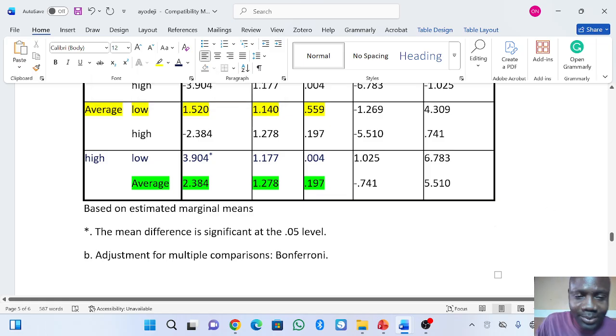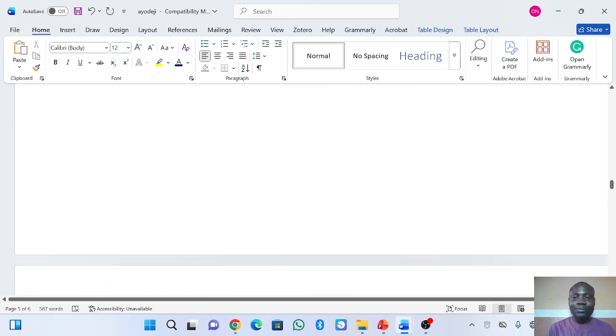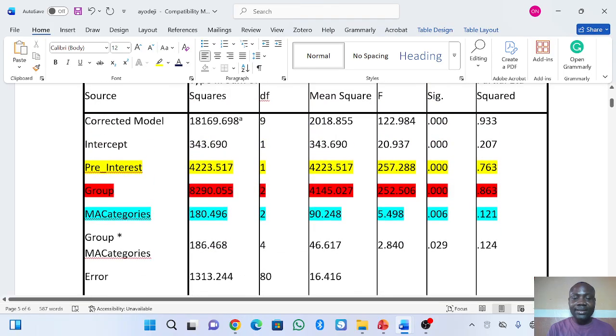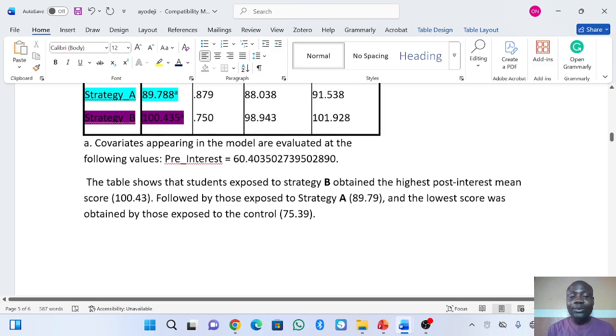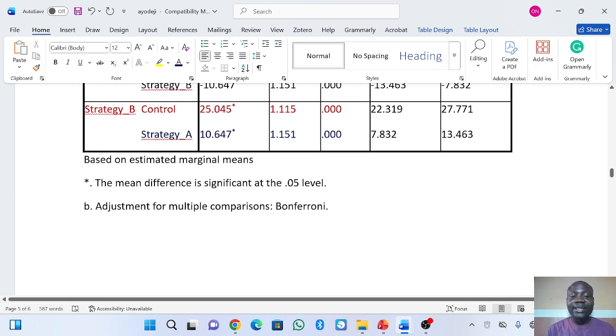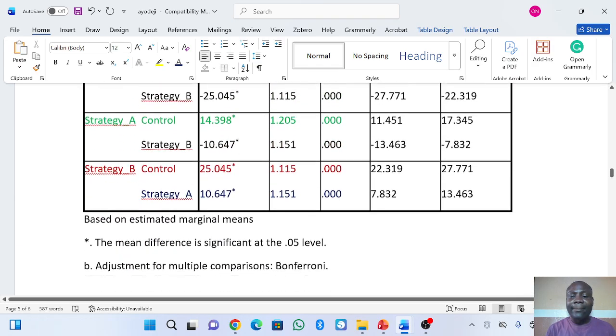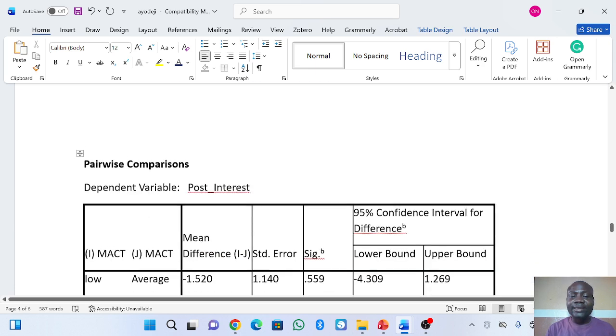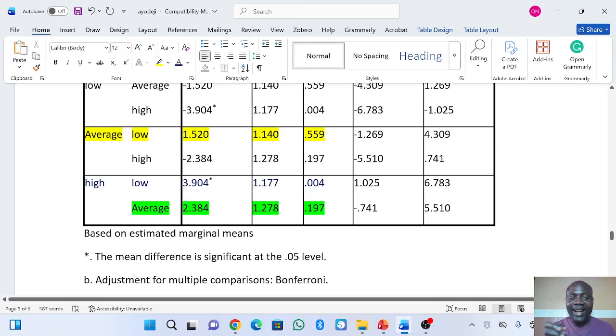The result is telling us that the table that we first saw, which is the table of the ANOVA results, this significant 0.06, which tells us that the post-interest of different groups differ significantly. The resultant of these differences is actually the difference between the post-interest score of the high and the low.